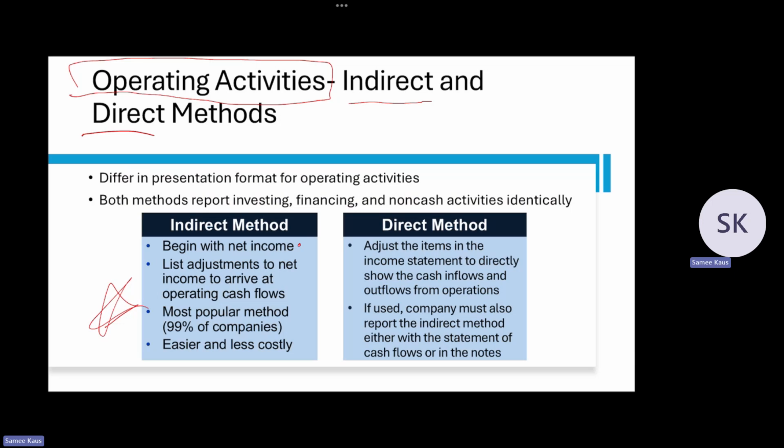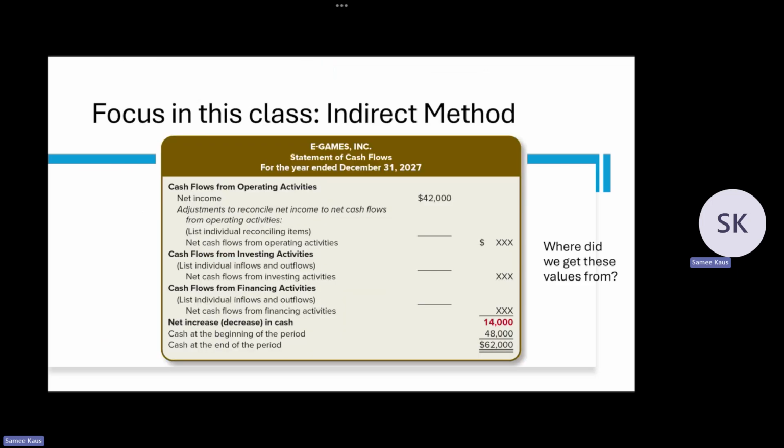You are going to arrive at the same answer, but the way that you do it is much, much different. And also, it's only different between the indirect and the direct method for operating activities. Investing, financing, and non-cash activities are presented the exact same, regardless of indirect or direct method.